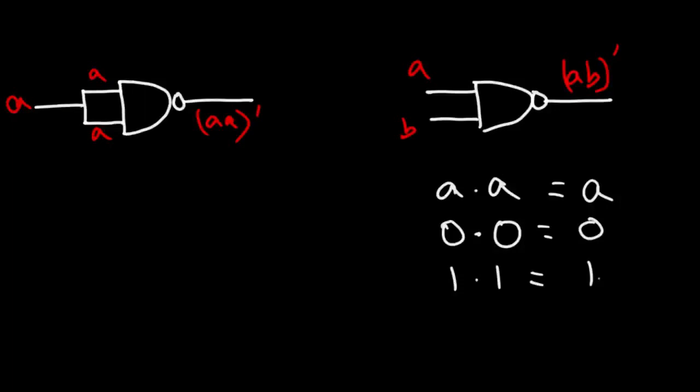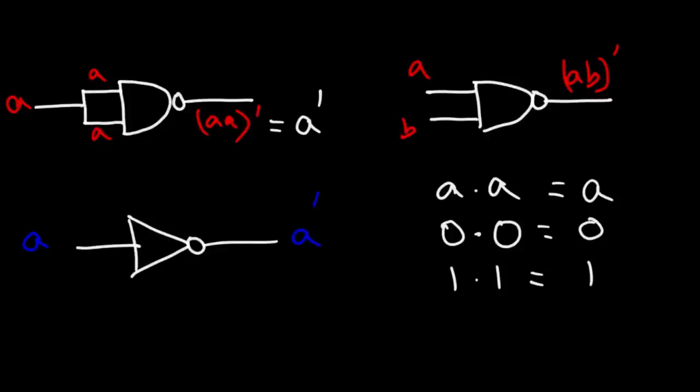A times A is A. So this is the same as the complement of A. So notice that we went from A to A prime. This is the equivalent of a NOT gate. So that's how you could use a NAND gate to make a NOT gate. So these two are functionally equivalent.